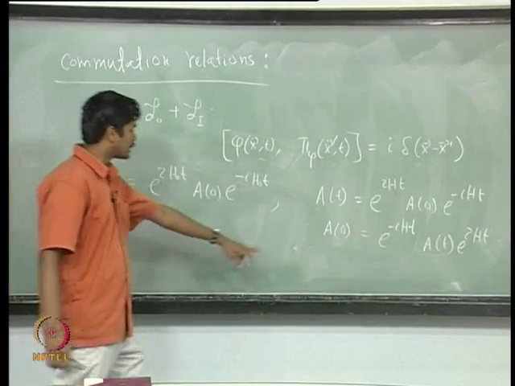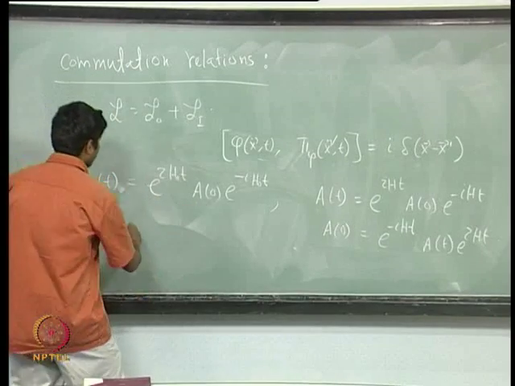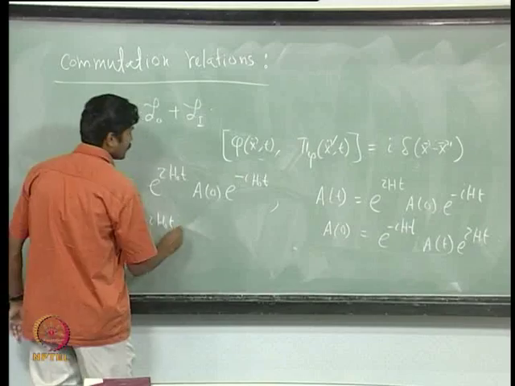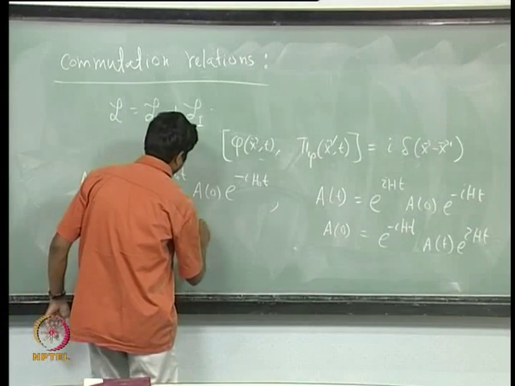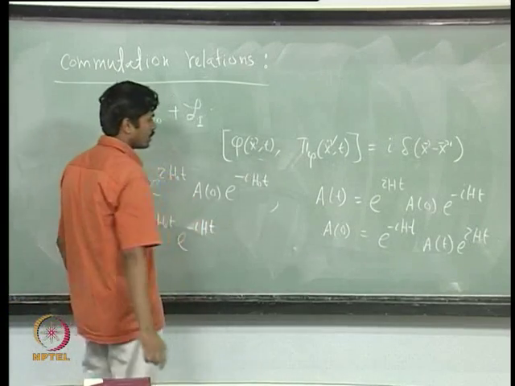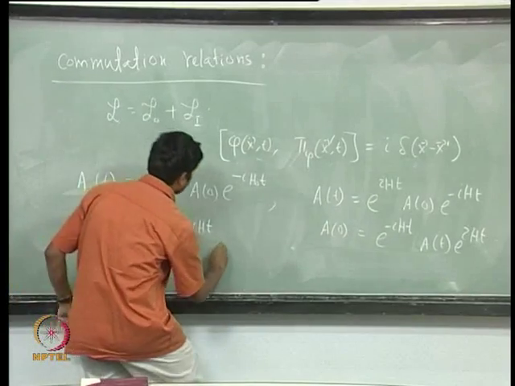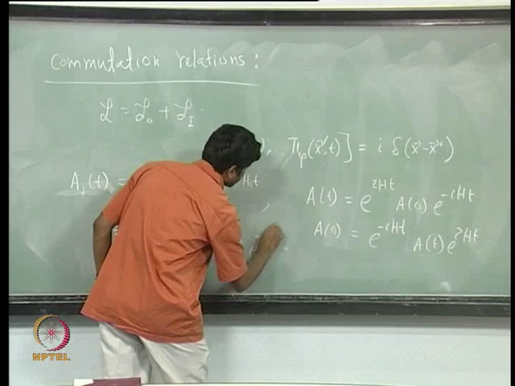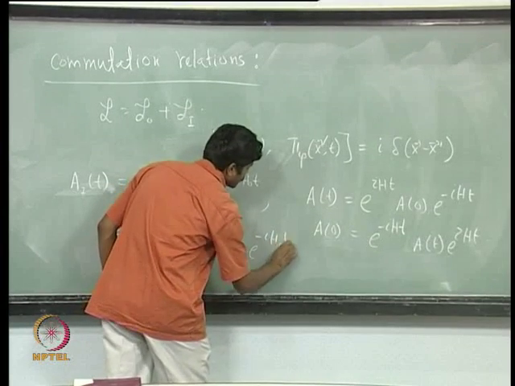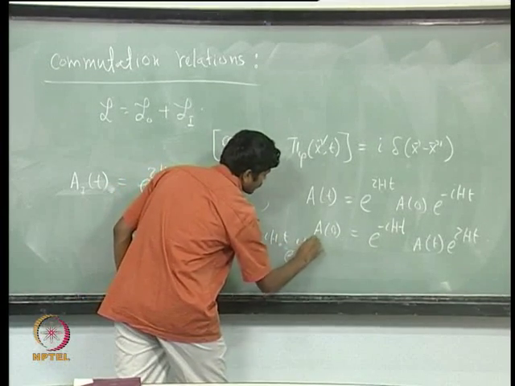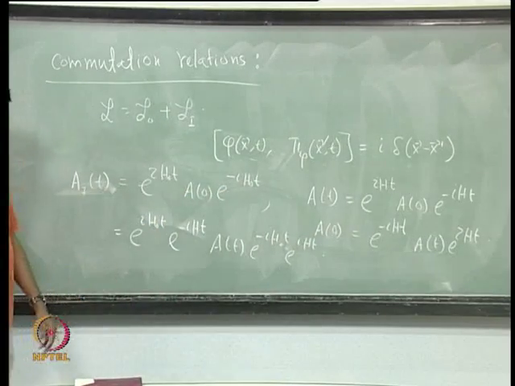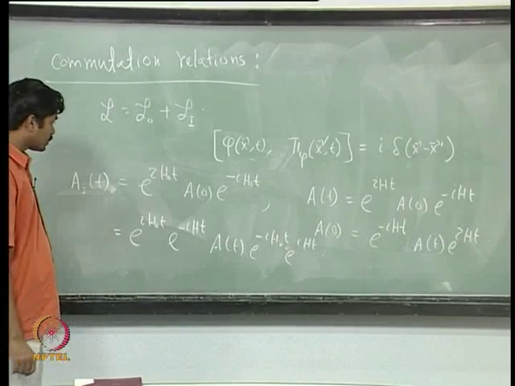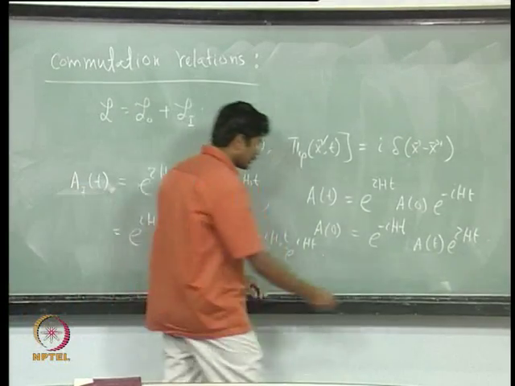When you substitute this here, what you will get is e to the power i H0 t e to the power minus i H t, and then e to the power minus i H0 t e to the power i H t.